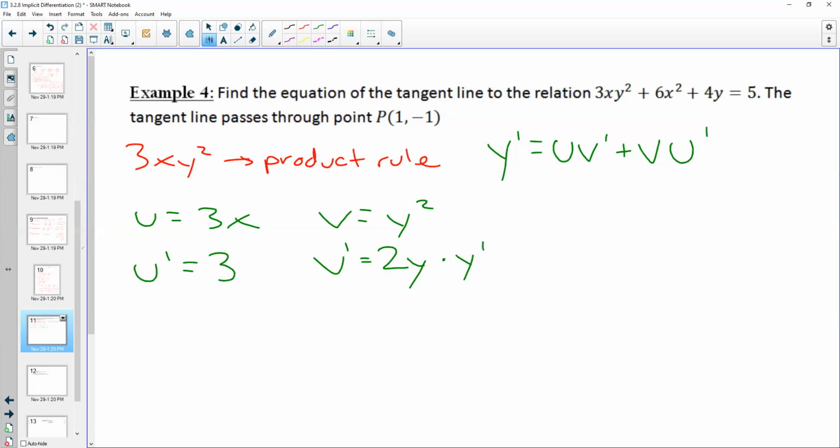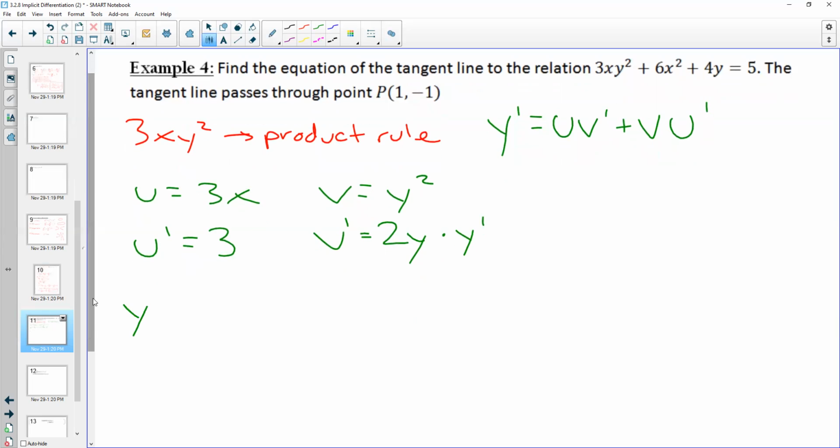So y prime is u multiplied by v prime plus v times u prime. So we'll just put those together. So y prime is equal to u, so 3x, times v prime, so 2y times y prime, plus v, which is y squared, multiplied by u prime, which is just 3.